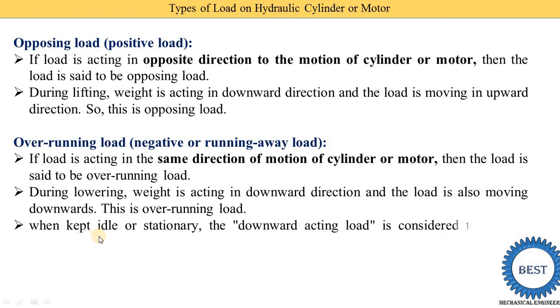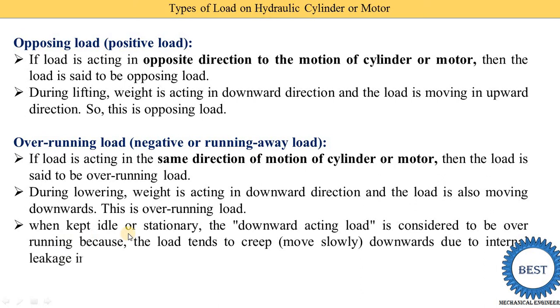When we keep the load idle or stationary, the downward acting load is considered to be overrunning because the load tends to creep, meaning move slowly downwards, due to the internal leakage in the directional control valves. Suppose sometimes we lift some machines and hold these machines at a certain height.